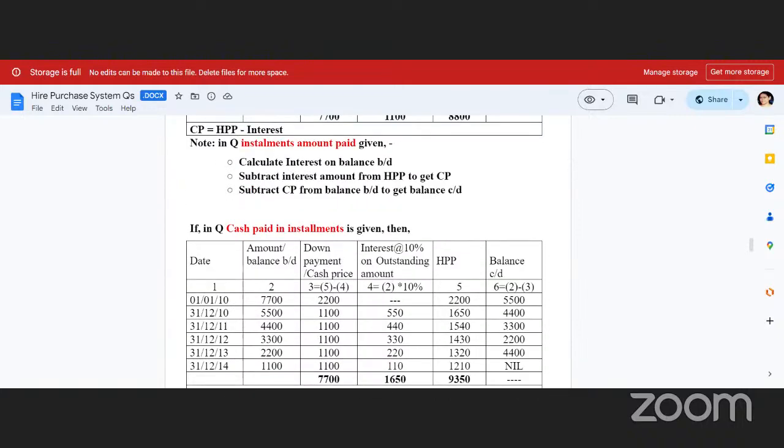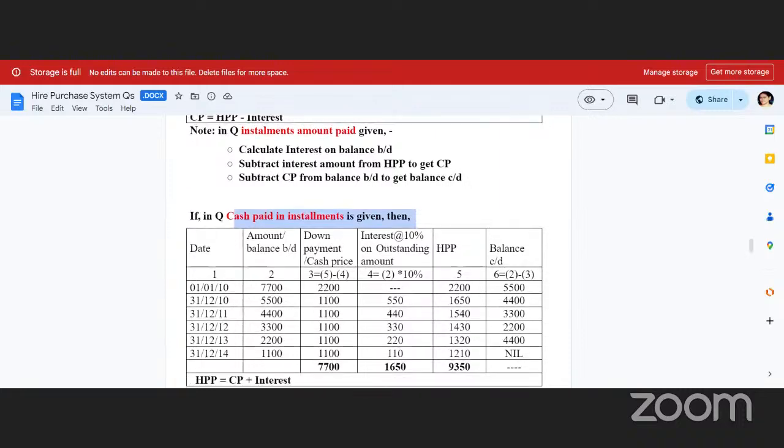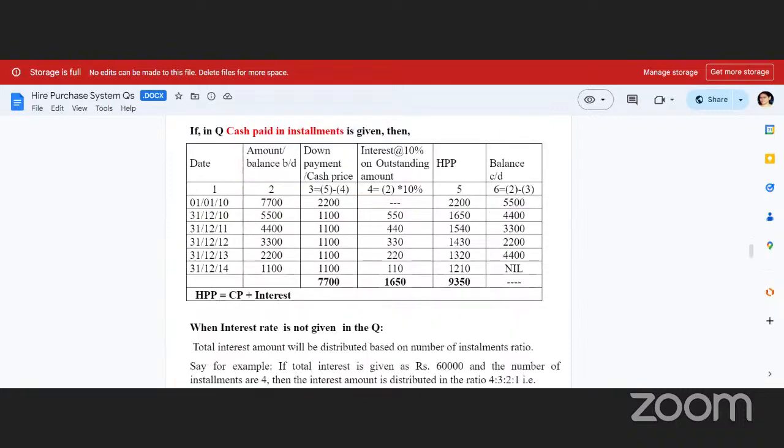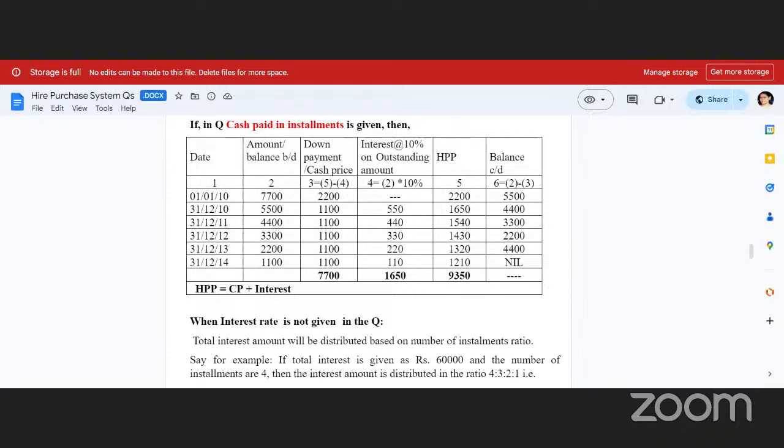The next, cash paid in installments is given. See, in this question, he gave just the amount of cash paid, and only the interest rate is given. You are supposed to find the hire purchase price.